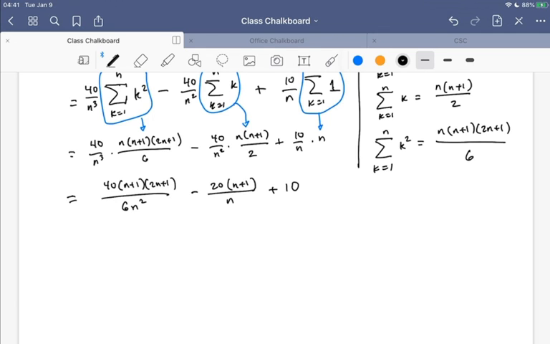Let's call this answer that we got r sub n, for right-handed rectangles with n of them. And so then the true value of the integral is the limit as n goes to infinity of r sub n.